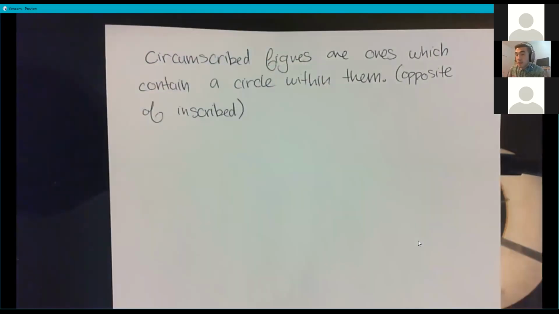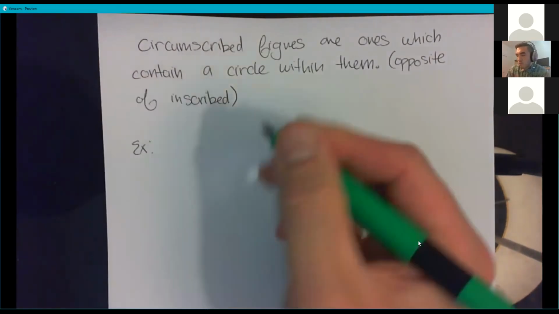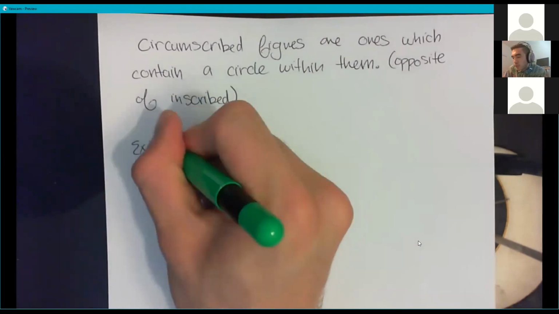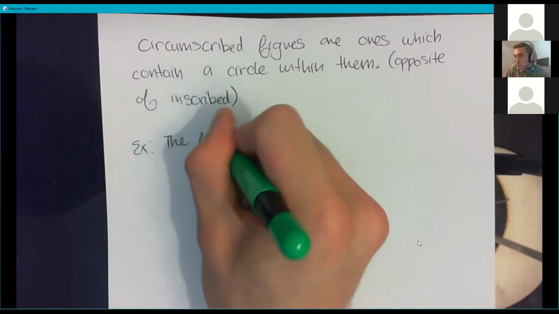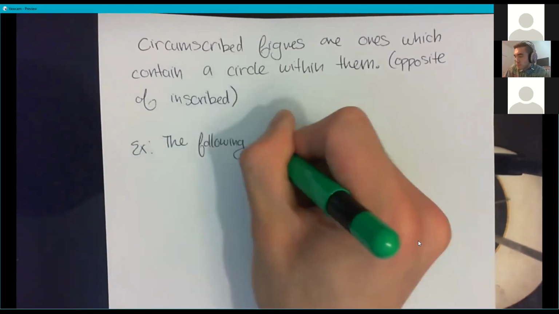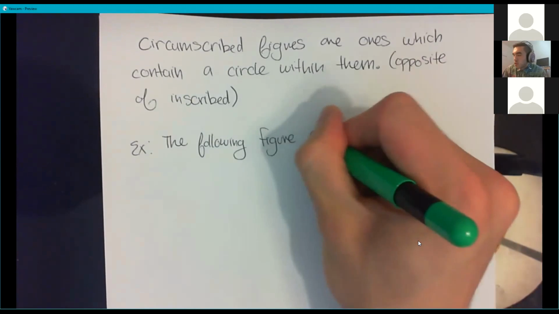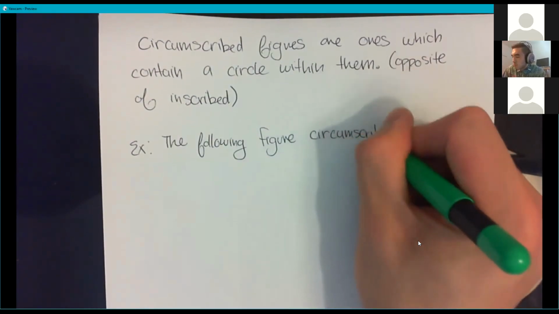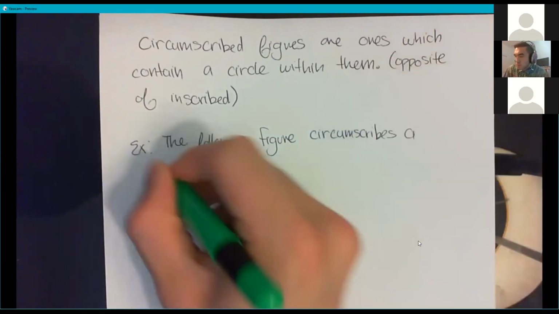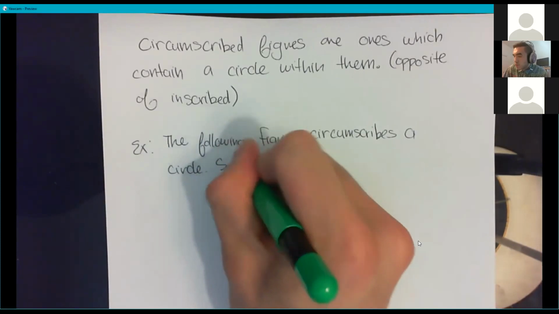And that takes me to my last item for today. The following figure circumscribes a circle. Please solve for its perimeter.